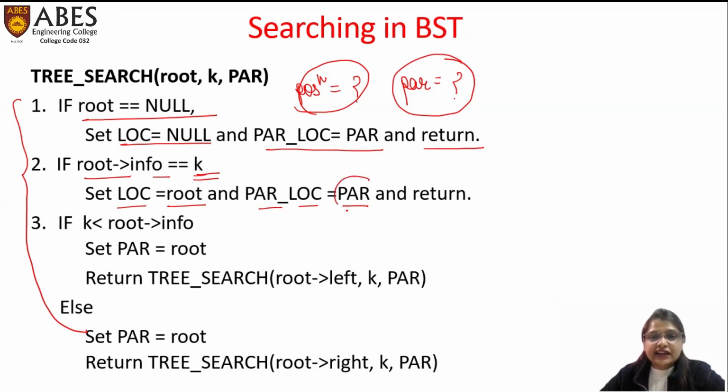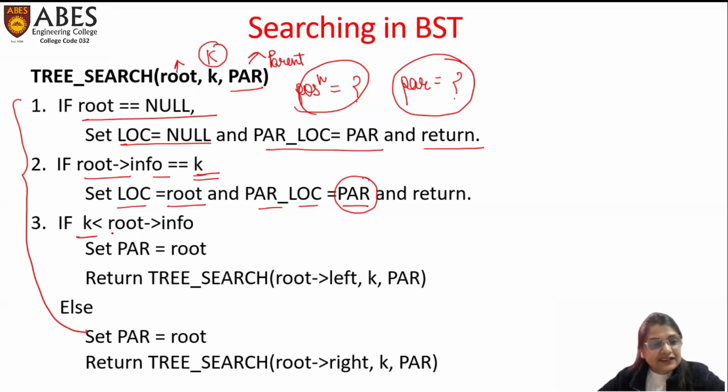That's why it will indirectly return the value as null, if it is the first time we are looking for a data item. K is the data item for which I am looking. This PAR denotes the parent of that data item, and it will point out the root address, which is the root data item inside a binary search tree.